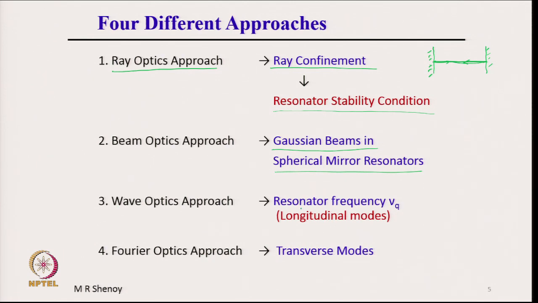We will use this to determine the resonance frequencies or the longitudinal modes of the resonator. The transverse modes of the resonator, or allowed field distributions in the resonator, are usually determined using a Fourier optics approach.